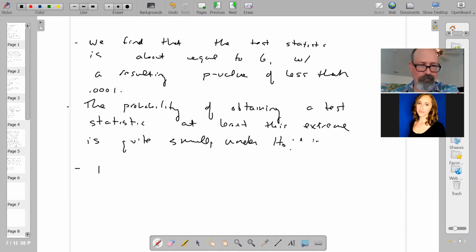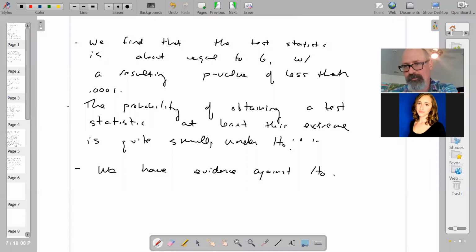So we have evidence against the null. Whether or not you choose to reject the null depends on the level of significance that you would choose in advance, but that p-value is lower than any reasonable level of significance. So in this particular case, I think it's fairly reasonable to reject the null.